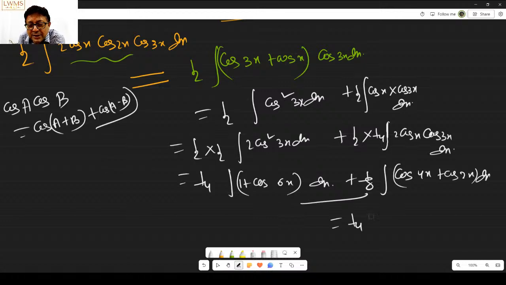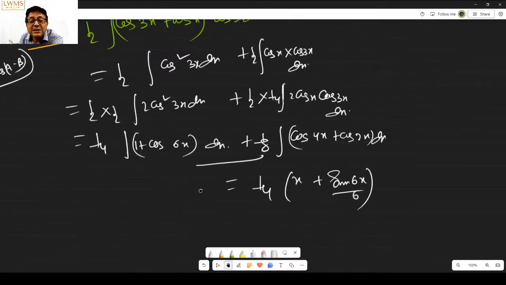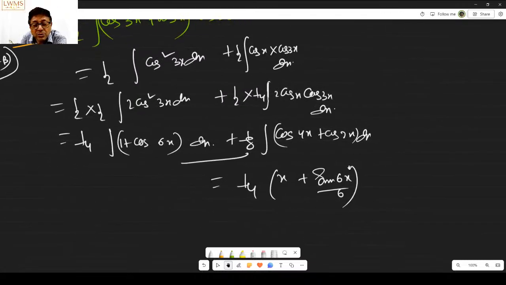Now integrate step by step. One dx is x, cos m theta is sin m theta by m. Formula is there, we can use it. Cos mx formula is there, we have used. Sin mx by m.